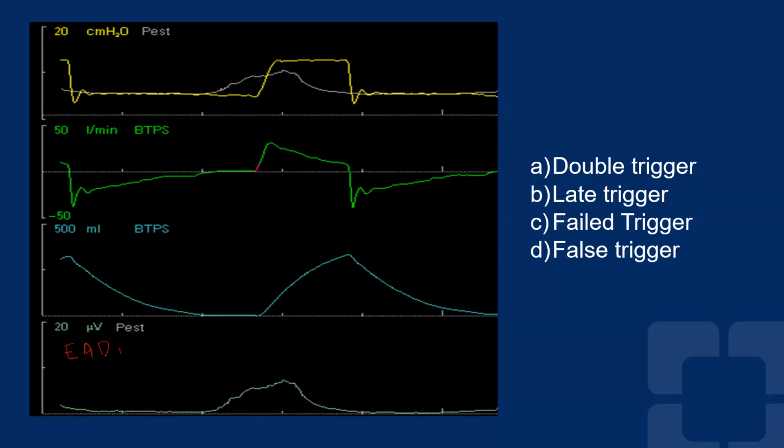But this is a good example for you to recognize what late trigger is. So remember, the patient triggered first, the ventilator triggered later, and it's so late that it's clinically significant, at least on this waveform. It's almost a second later.